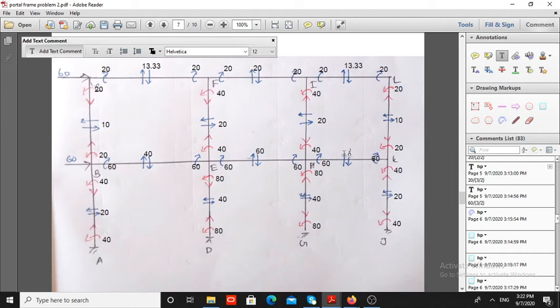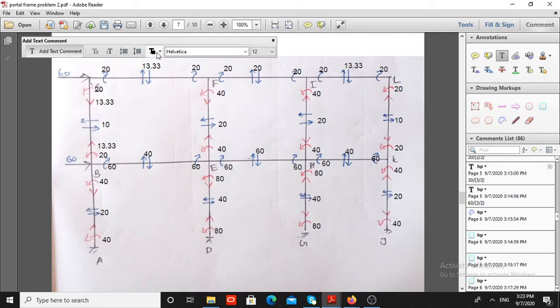Now after that find the column axial force. This is 13.33 upward. So here also the value 13.33 downward. Same value is here, 13.33 downward. So here the value is 20. This is 13.33, so here I have to add 6.67 downward. So 13.33 plus 6.67 minus 20 equal to 0.